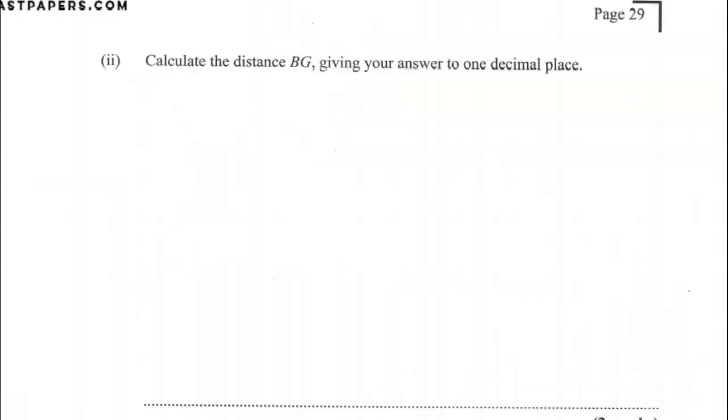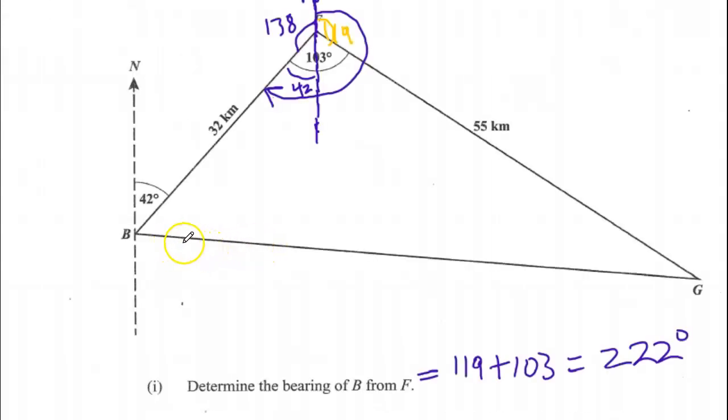Next, we also calculate the distance BG, giving your answer to one decimal place. So BG, let's look back at the shape again and see which line is BG. So here's BG. To calculate BG, of course, we can use the cosine rule.